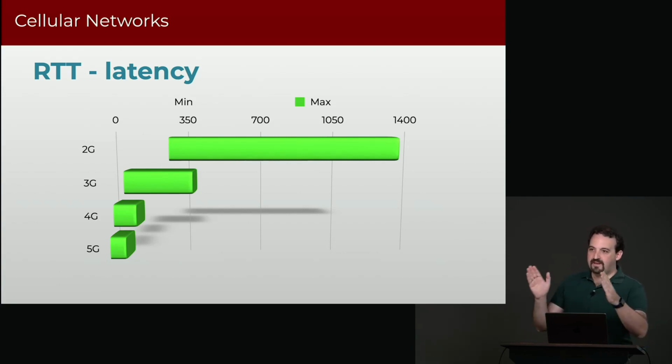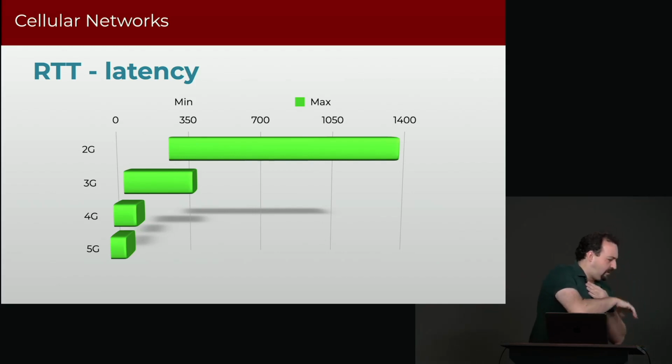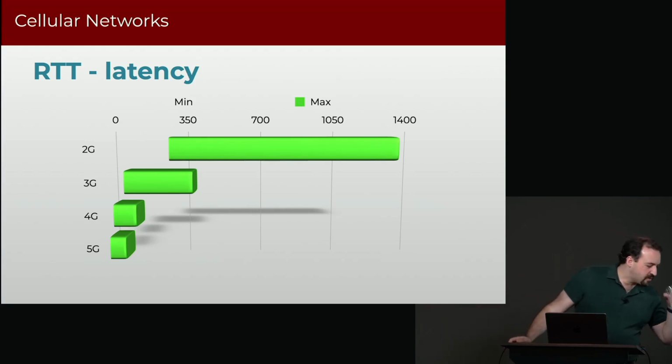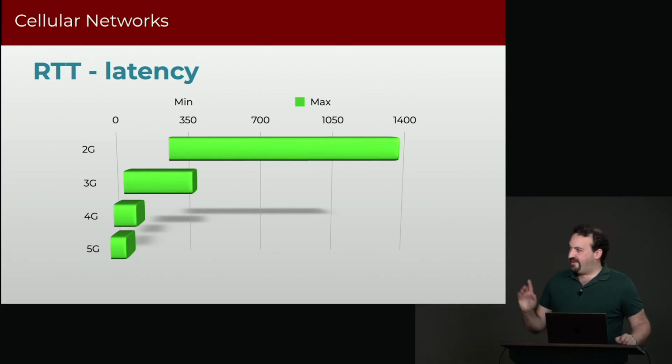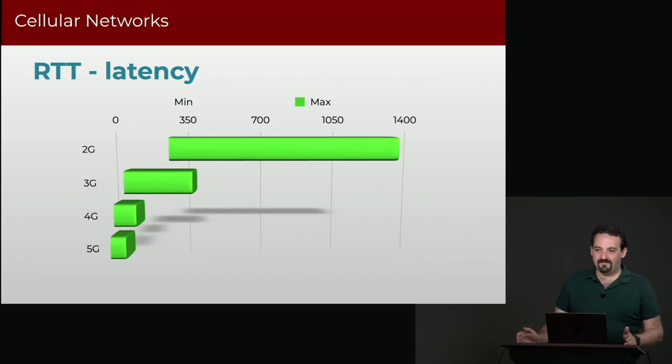You have it there, the green area is a range, so min and max. On 2G it's pretty bad. So that's why I said, lucky you, if you didn't have experience browsing the web with 2G. So in this case, when you are connected in 2G, the latency can be between roughly a quarter of a second and a second and a half.